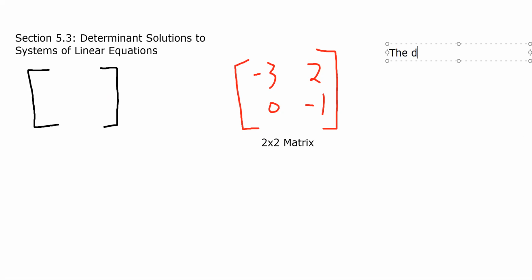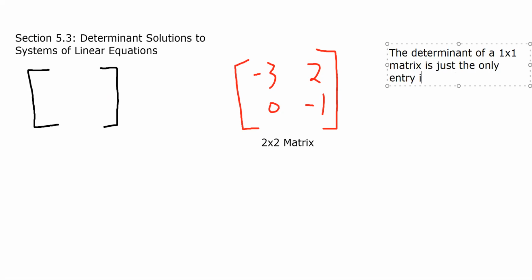So the determinant of a 1x1 matrix is just the only entry in the matrix. So if you have just a simple 1x1 matrix, well, that means you only have a single value in there, and so that's also going to be the determinant of that matrix. It's not horribly interesting.